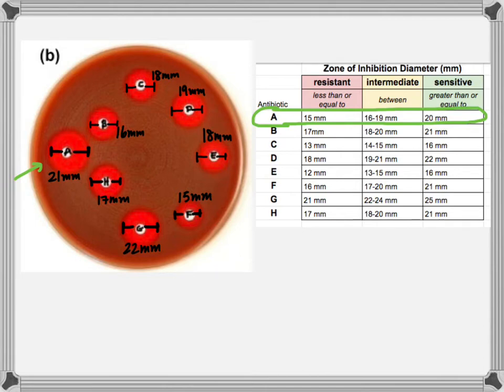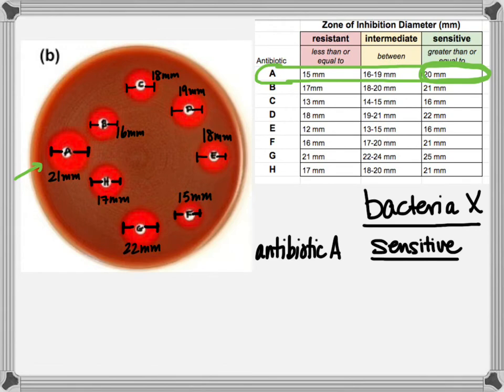Well, that puts it squarely in the sensitive category. So for antibiotic A, we can say that this bacterial species, whatever it is, is sensitive to the antibiotic.